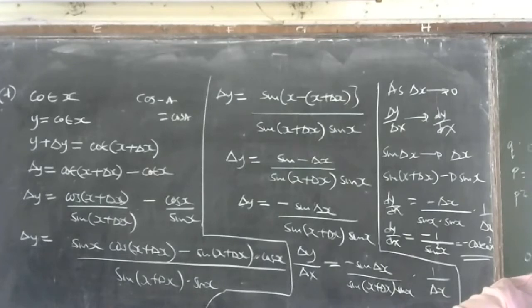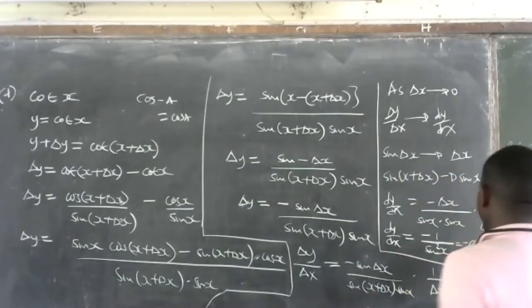Yes, at the end you get sin A cos B. At the end, you can interchange, no problem. But I mean the beginning part. Okay. Thank you. You're welcome. Okay, now you get negative cosec squared x.